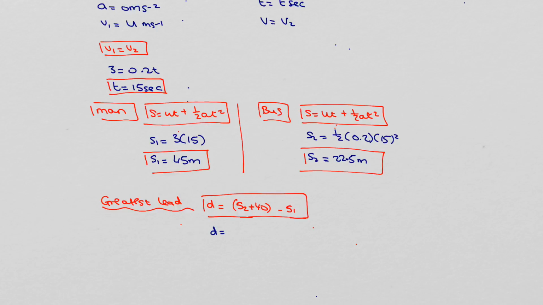So we have S2, which is 22.5 plus 40 minus S1, which is 45 metres, and therefore the greatest lead between them will be 17.5 metres.